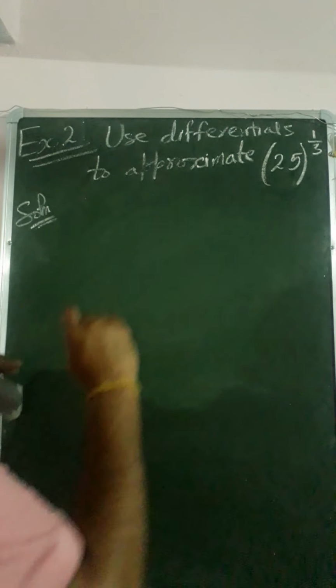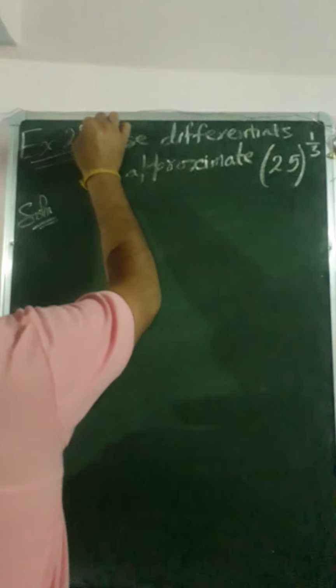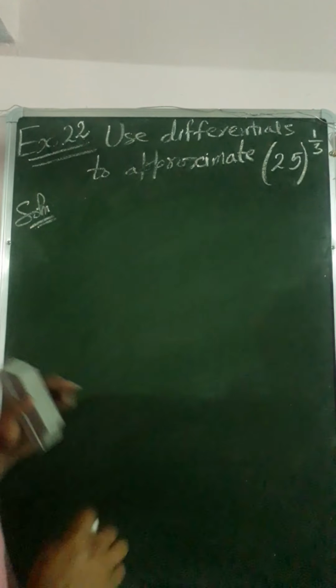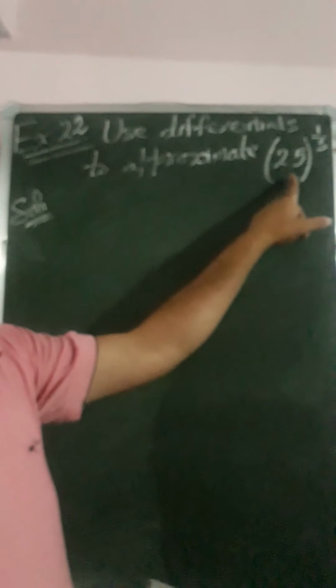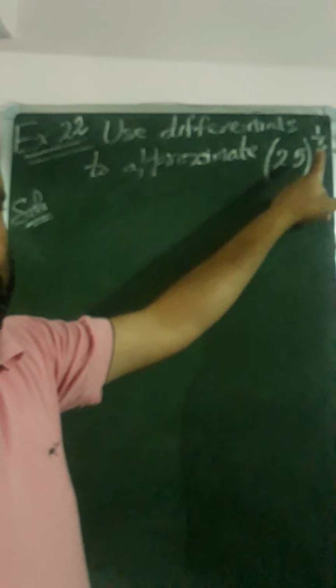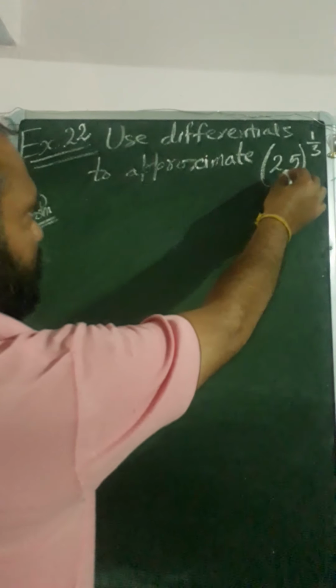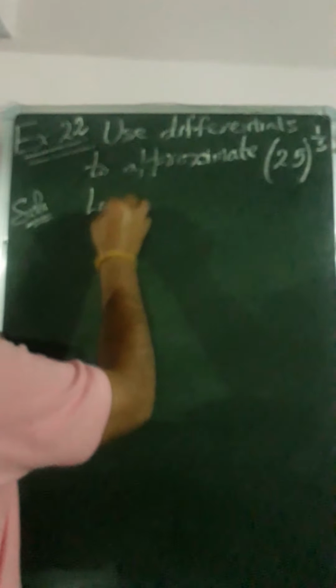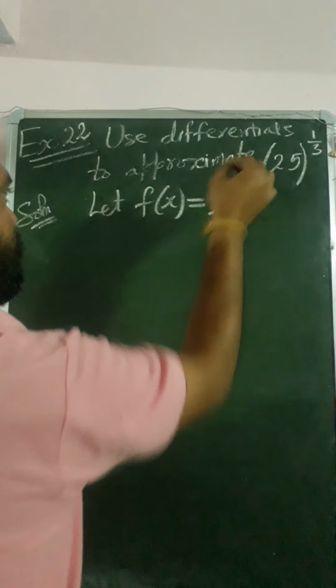Now let us take the next example, example number 22. Use differentials to approximate 25 raised to the power 1 by 3. Let us solve this question. As we know, this function is power 1 by 3. So let us take f x is equal to x raised to the power 1 by 3.